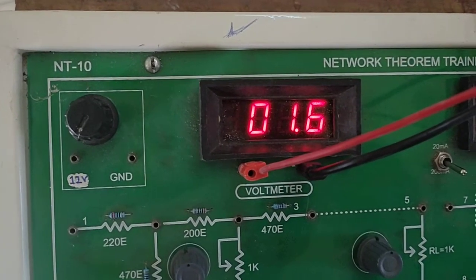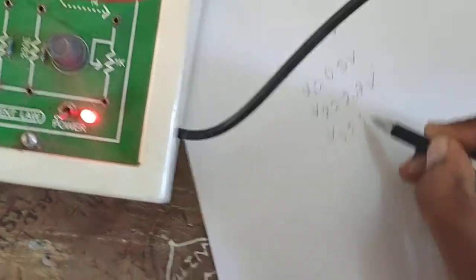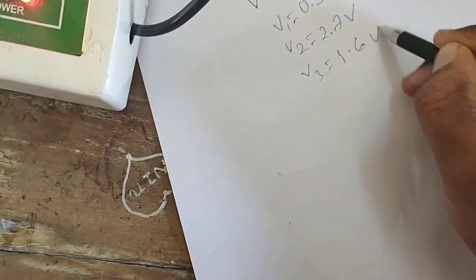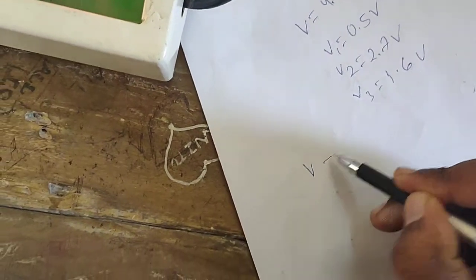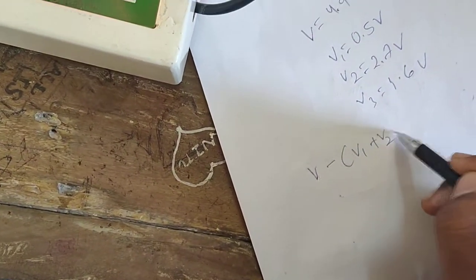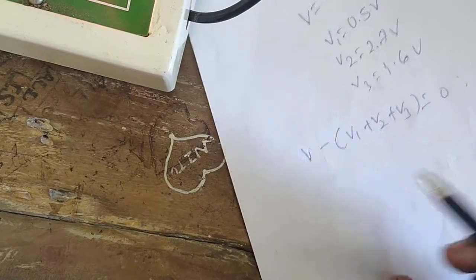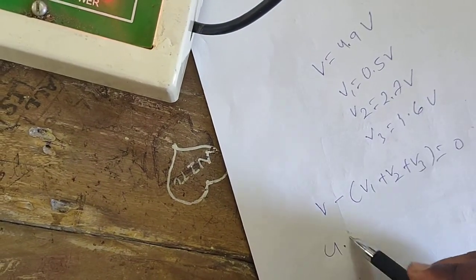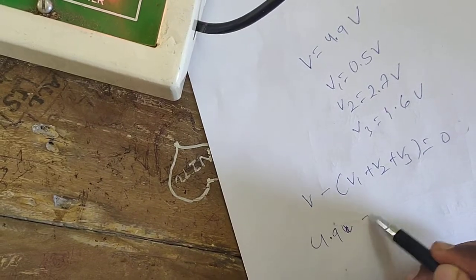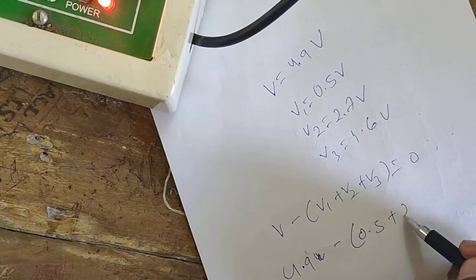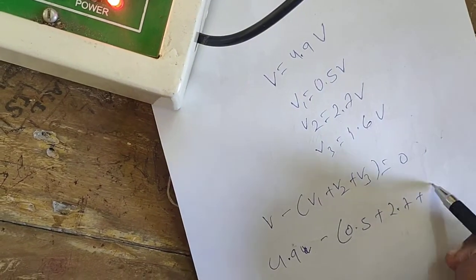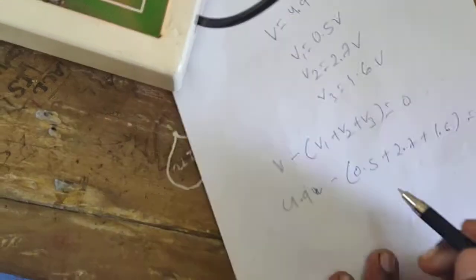So here V3 equals 1.6 volt. By putting the values in the KVL equation, we write V minus V1 minus V2 minus V3 equals 0. V is 4.9, minus V1 which is 0.5, V2 is 2.7 and V3 is 1.6, equals 0.